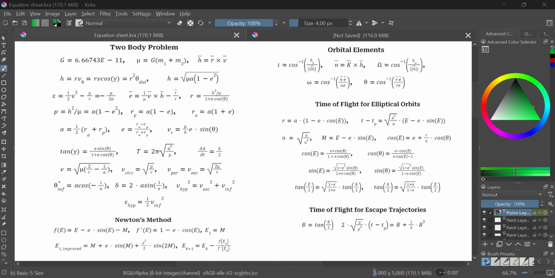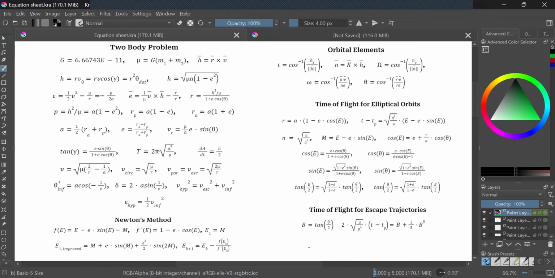Now that that has been taken care of, let's turn our attention to the equation sheet. You'll see that I have included the time of flight for the parabolic escape trajectory. And what was the other thing? Newton's method.